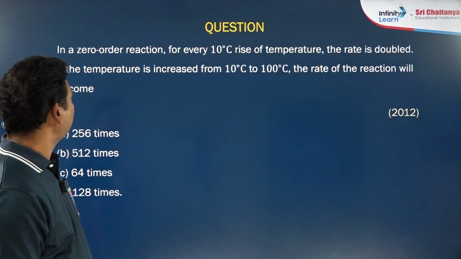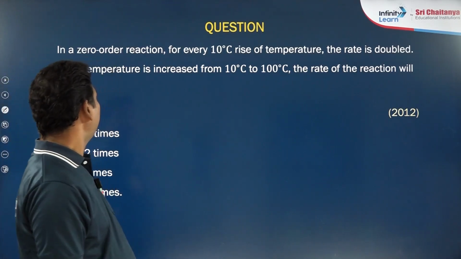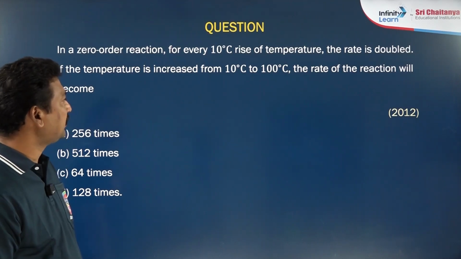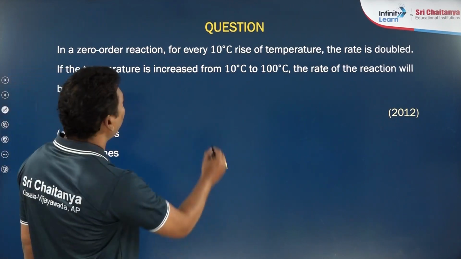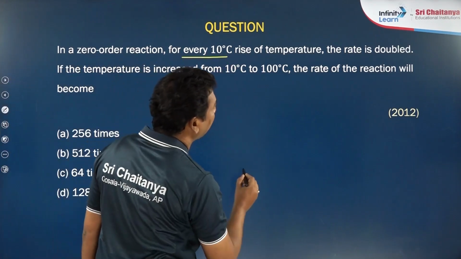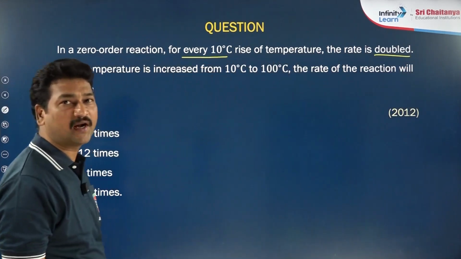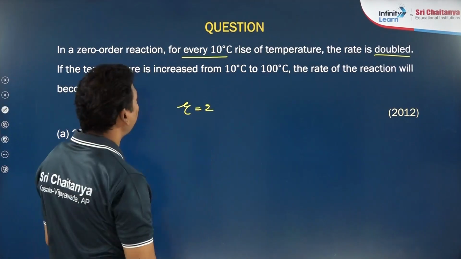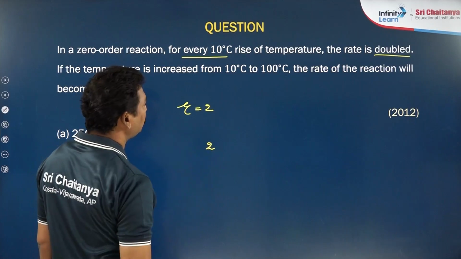Coming to, in a zero order reaction, for every 10 degrees centigrade rise of temperature, the rate is doubled. If the temperature is increased from 10 degrees to 100 degrees, the rate of the reaction will become. So for a zero order reaction, for every 10 degrees centigrade, the rate is doubled. So the mu value is given as 2. Since they have given that the rate is doubled, mu is 2. The temperature coefficient is 2.